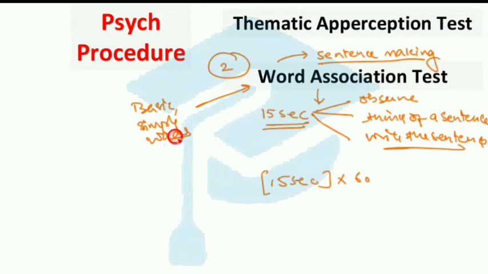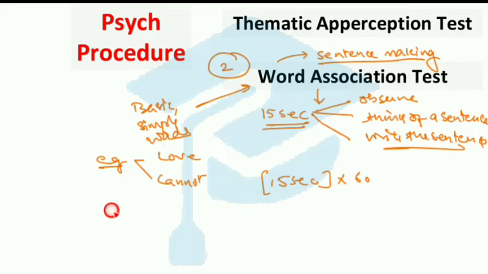Moreover, in these tests, one thing that you must keep in mind is that whatever sentence you make, it should be a meaningful sentence. Clear? So words like love, words like cannot, will be given to you.